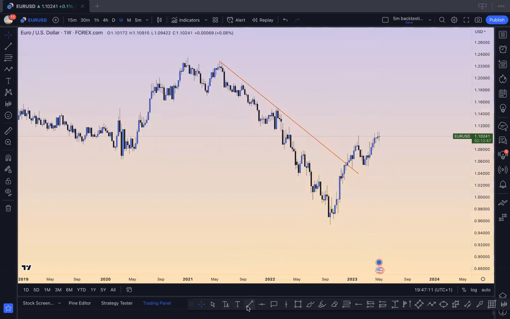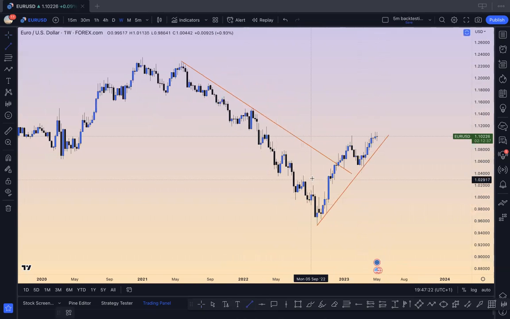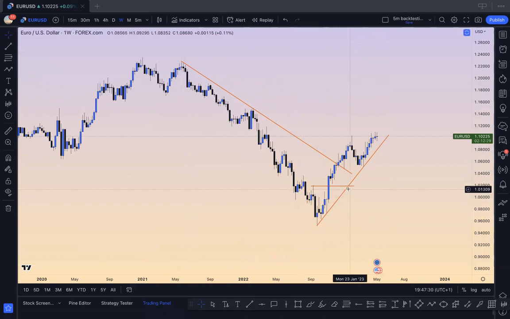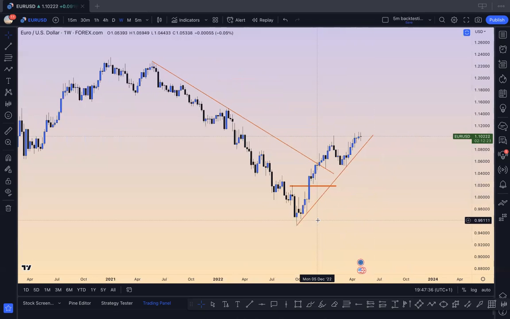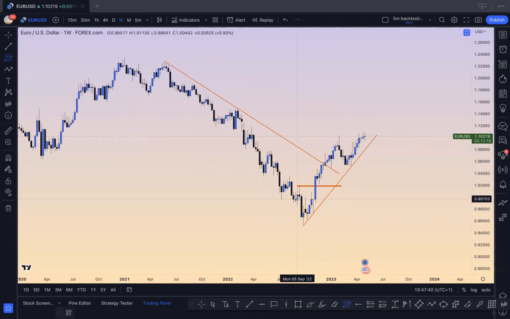I don't go too far back in the past, because I just need to see more or less what's happening. I color code everything, so when I'm in the smaller time frames I can see what's happening, and my structural points I make thicker.